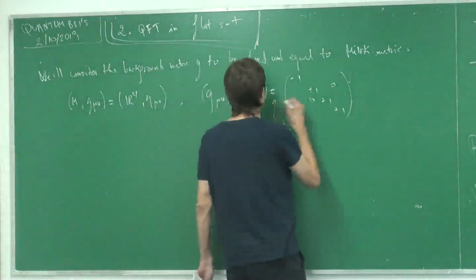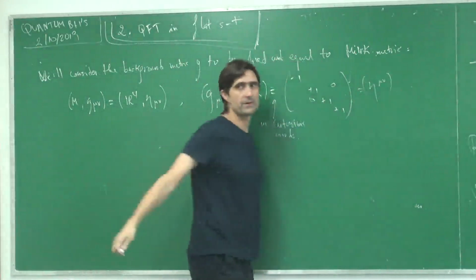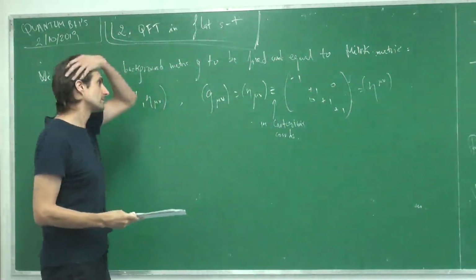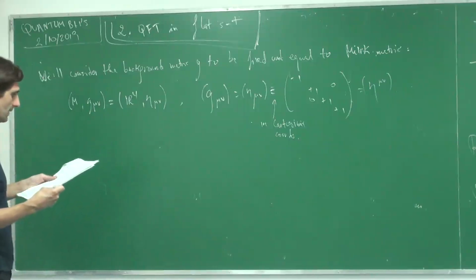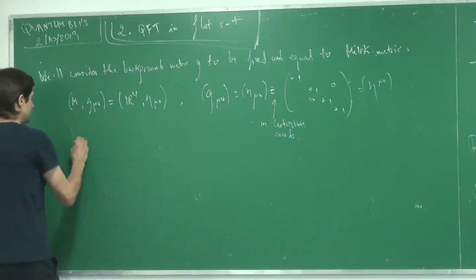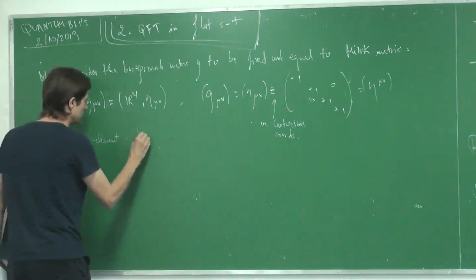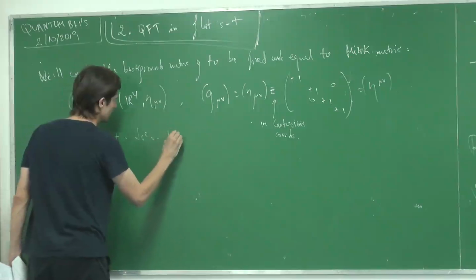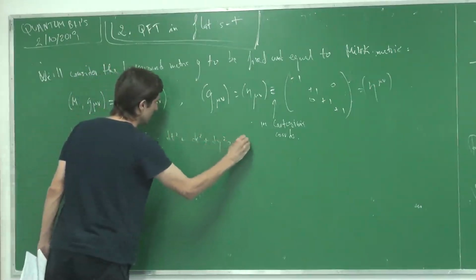So that's the inverse. It's just the same. And the line element is just minus dt squared plus dx squared plus dy squared plus dz squared.